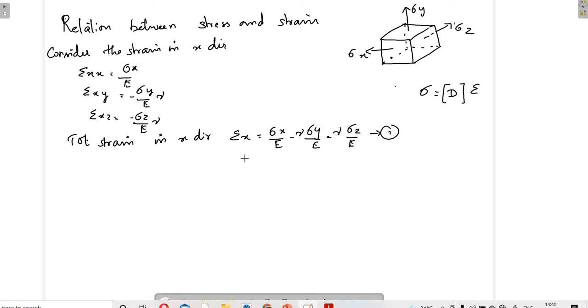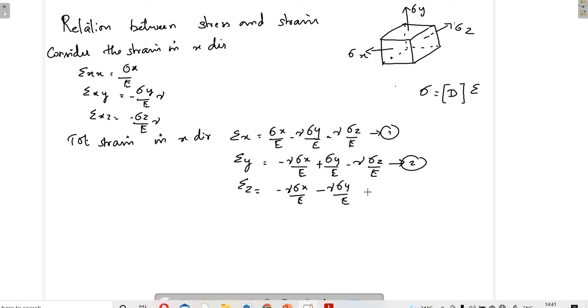The second equation, similarly you can write epsilon y is equal to minus nu sigma x by E plus sigma y by E minus nu sigma z by E. So this is equation number 2. Epsilon z is minus nu sigma x by E minus nu sigma y by E plus sigma z by E.